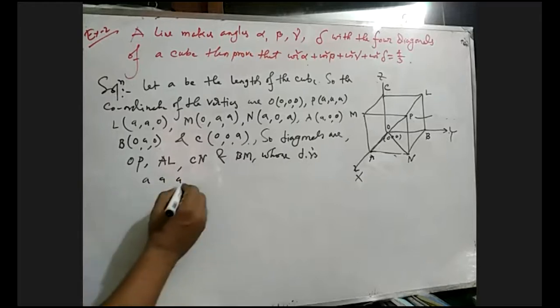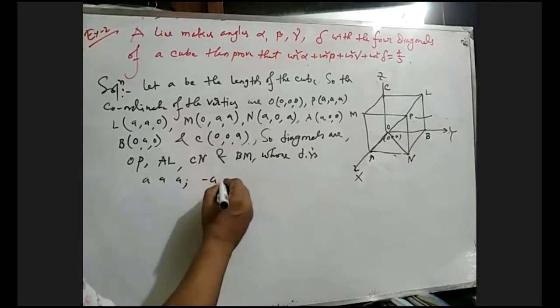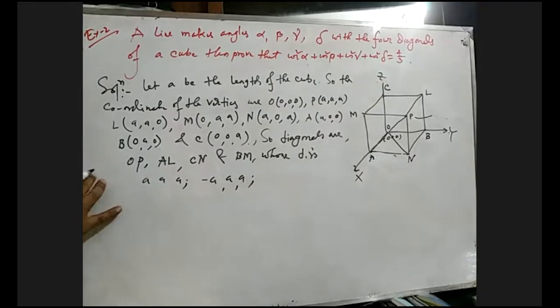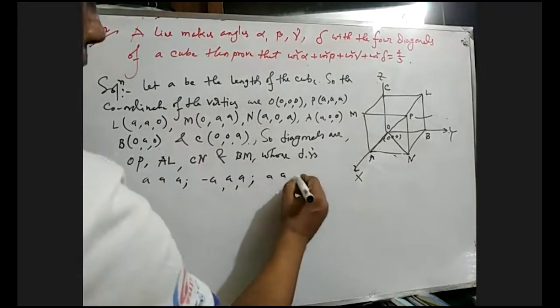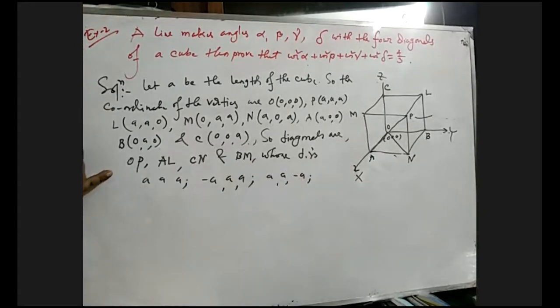Direction ratios are a, a, a for the first. Then minus a, a, a, then a, minus a, a, then a, a, minus a.